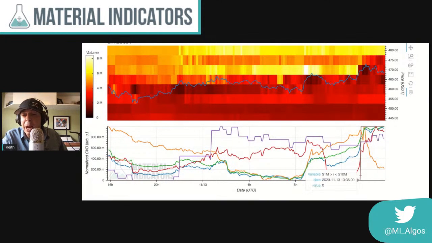Well, that wasn't the only buyer, right? Looks like just about all classes bought, with the exception of this lower class that sold into that liquidity.